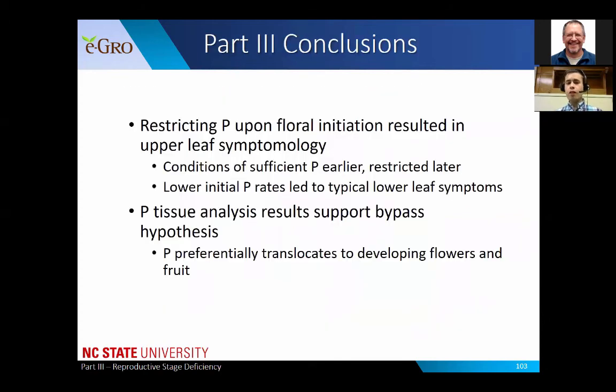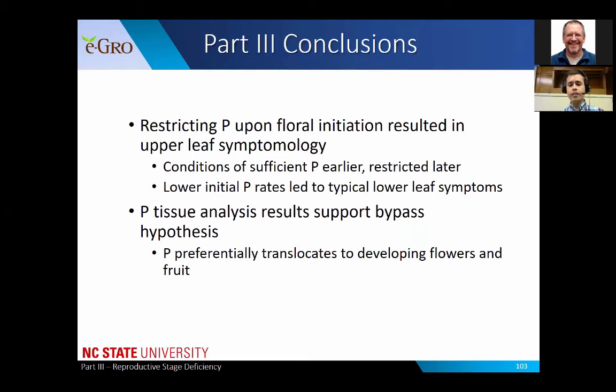So in conclusion for part 3, we saw that restricting phosphorus upon floral initiation resulted in this upper leaf symptomology that was reported in 2014. Conditions of sufficient phosphorus early on and then restricted later are what led to these symptoms, and the lower initial phosphorus rates led to typical lower leaf symptoms.